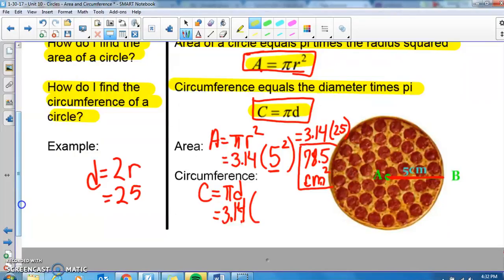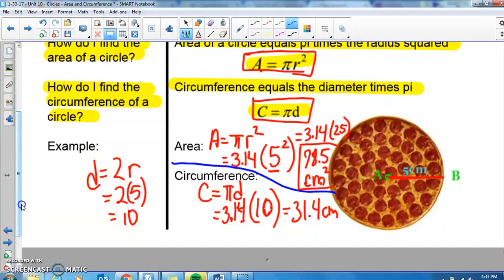Our radius is 5, so our diameter in this case would be 10. So we just double it. Then all we have to do now is multiply 3.14 times 10, and that will give you 31.4. So 31.4 centimeters represents your circumference. So we have our area for this pizza, and we also have the circumference for this pizza. And please make sure that you have this example down, please.